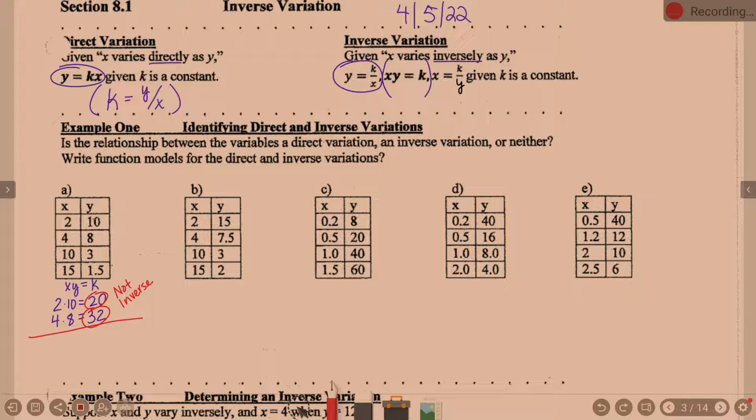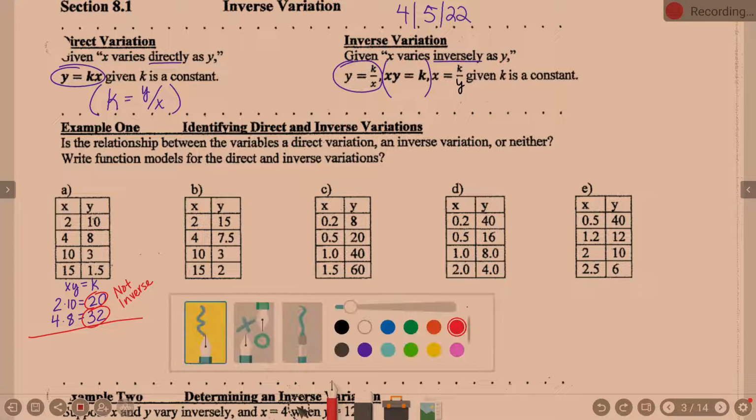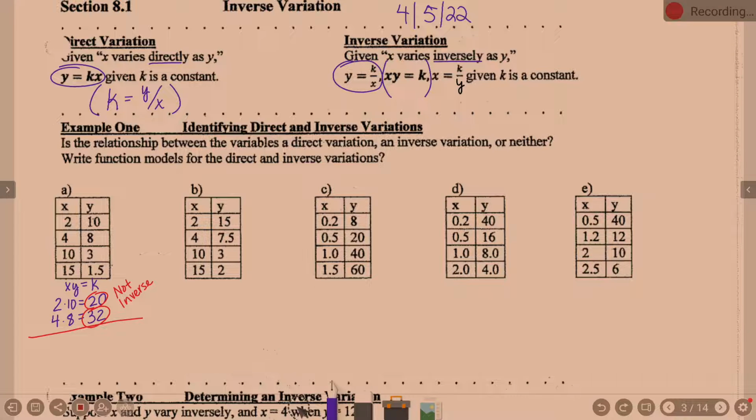Now, let's do a similar thing for direct. What is the relationship supposed to be with direct? With direct variation, k is supposed to be y divided by x. So check and see if this is direct variation. y divided by x will always give me the same k value.